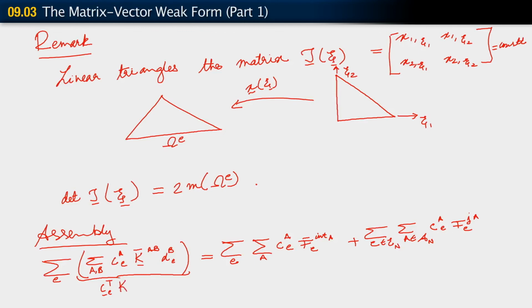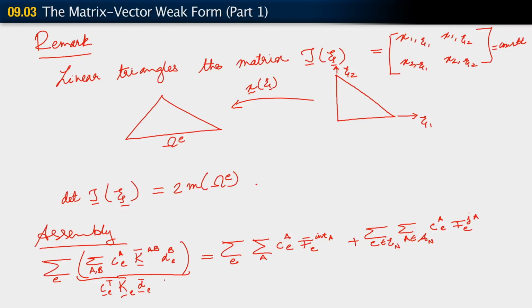We get k bar, the rectangular conductivity matrix for this element, multiplying d bar E. And you remember that the reason I'm using a k bar and a d bar is recognizing that the Dirichlet boundary conditions have a say here.